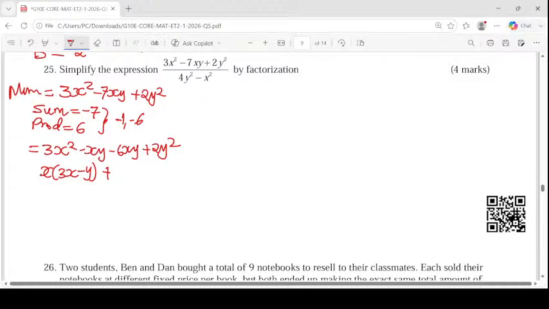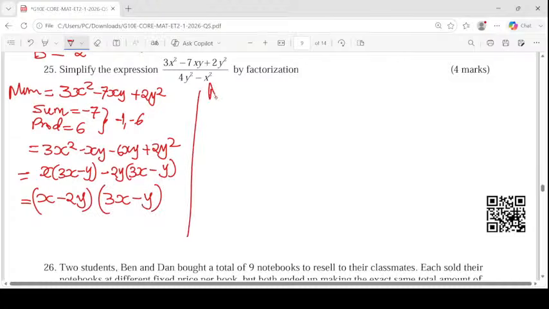Let me see. No, this should be minus. Let me have this as minus 2y into 3x minus y. So this will be x minus 2y, 3x minus y. That is our numerator.